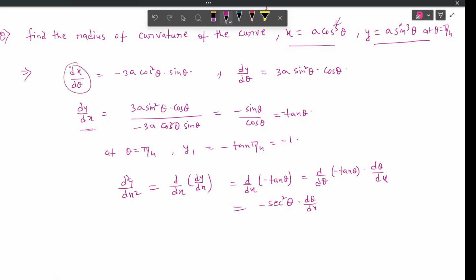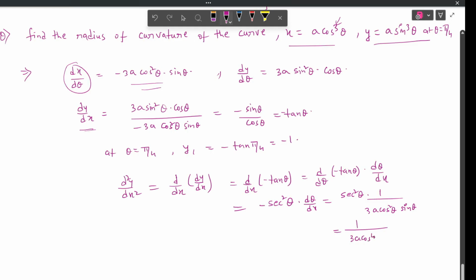We know dx by d theta, so d theta by dx would be the reciprocal of this. Minus minus will cancel out. So it would be sec square theta into 1 by 3a cos square theta sin theta. Sec square theta is 1 by cos square theta, so it would be 1 by 3a cos to the power 4 theta sin theta.